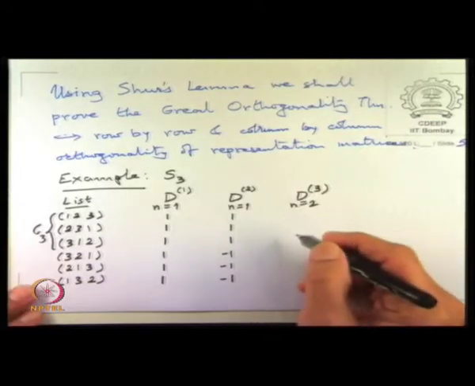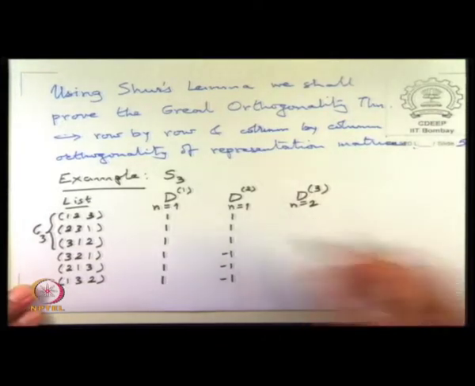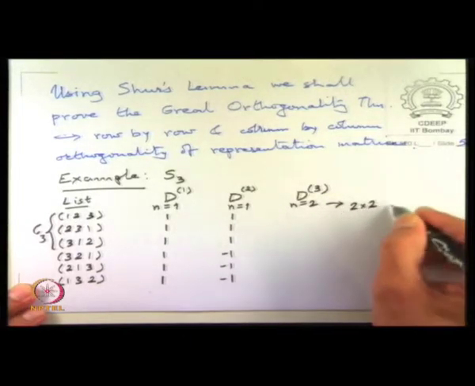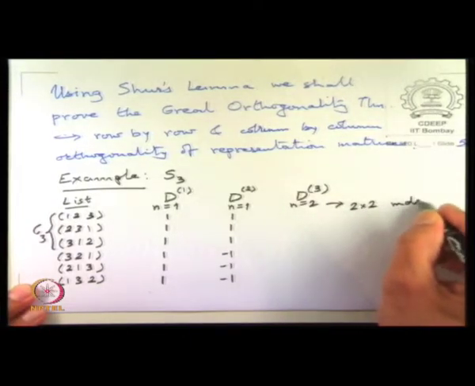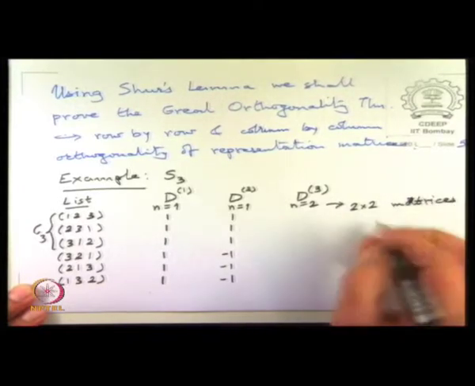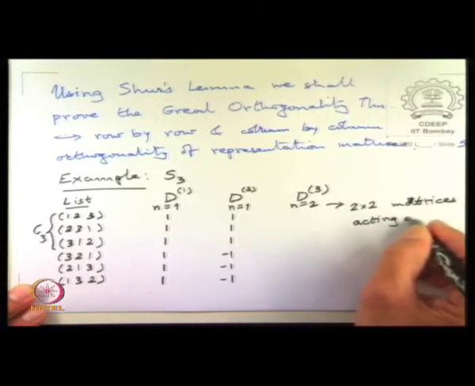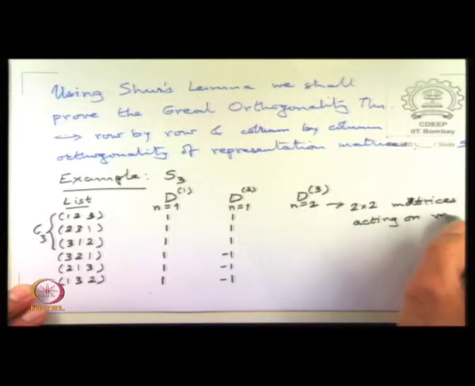Here I will run into a space problem, so these are the 2 by 2 matrices acting on vectors in the xy plane.